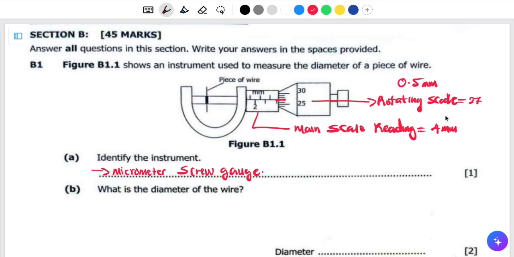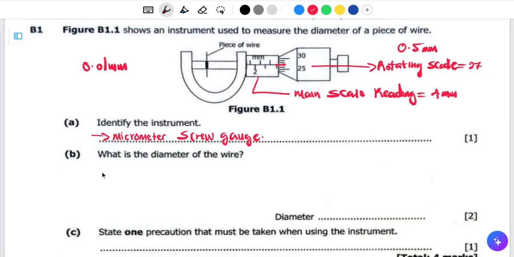Okay? So now, always bear in mind that you need to multiply the rotating scale by the accuracy. So we have the accuracy in millimeters, which is 0.01 millimeters. So let me just write here. The final reading is going to be equal to the rotating scale reading multiplied by the accuracy, plus the main scale reading.